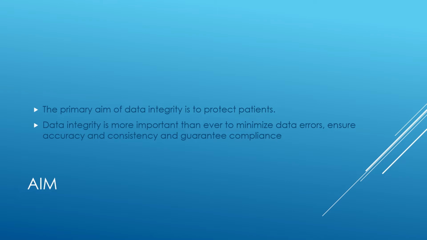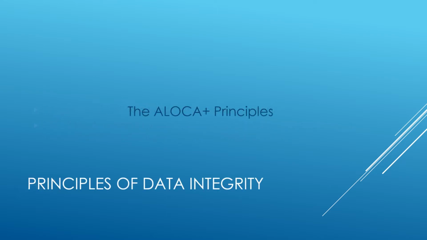So let us move forward. Let us see what things we need to do to maintain data integrity on a daily basis. Here are some principles which we call the ALCOA principles. This ALCOA principle is the main criteria that needs to be followed, and it gives a lot of importance to our day-to-day activity in the industry.